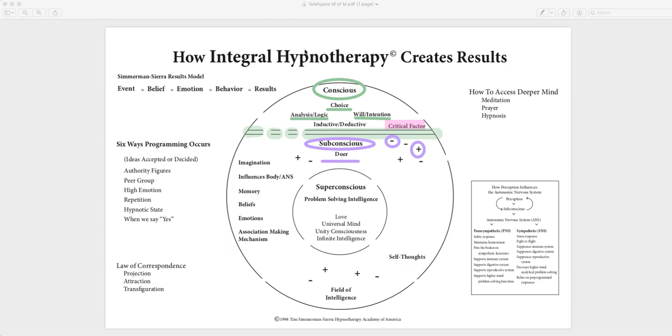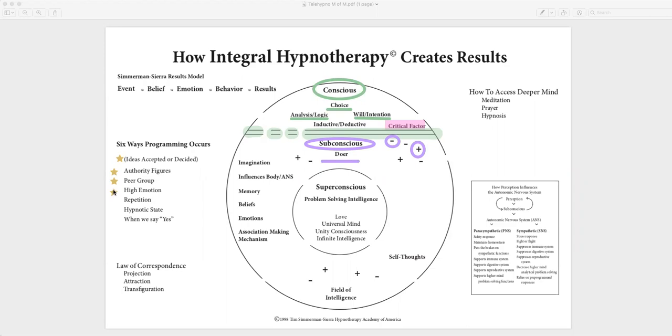How do things get programmed? We have specific things that we choose, ideas that are unaccepted, ideas accepted or decided. Our authority figures like our teachers, doctors, anyone that has authority, lawyers, our parents, our peers are also a way of programming.